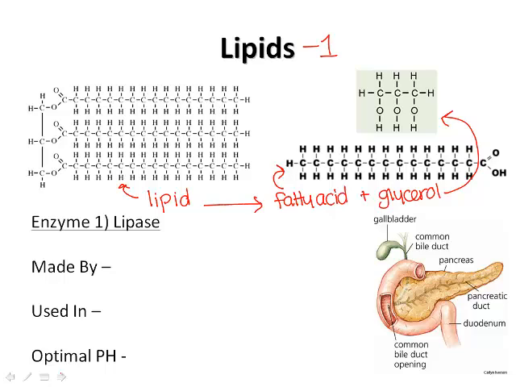And this is broken down by our one enzyme, lipase. So here you have lipase, the one enzyme. Lipase is made by the pancreas, and it's used in the small intestine. Again, the pH of this enzyme for optimal functioning is 7 to 8, which is the same as our small intestine.